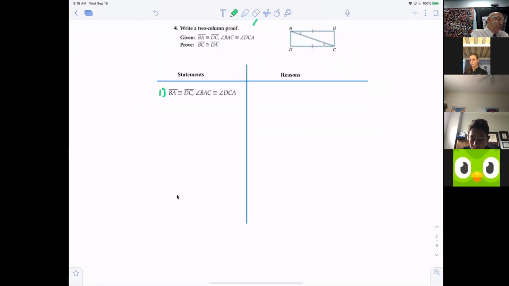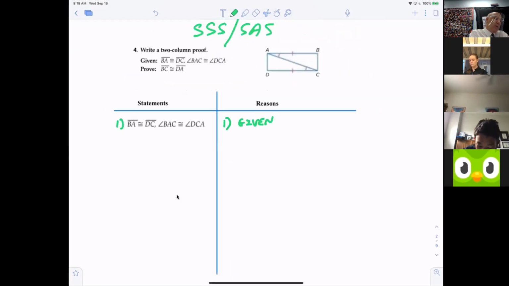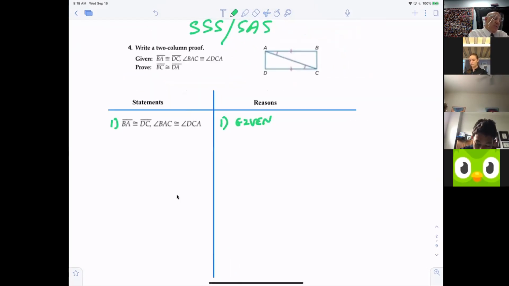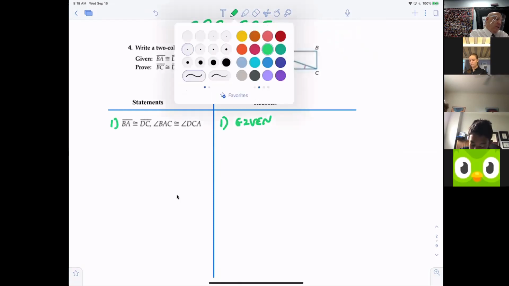Number one. What's number one? Given. Now I want to look. If I was them, I wouldn't mark the figures, but they mark the figures, it seems like. So let's remark them to make sure.